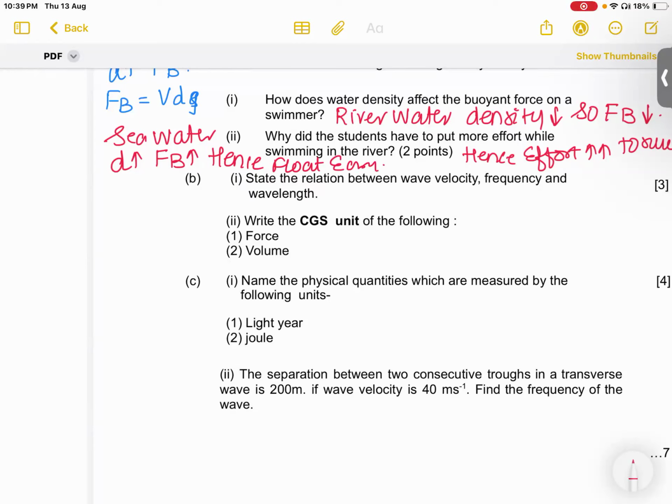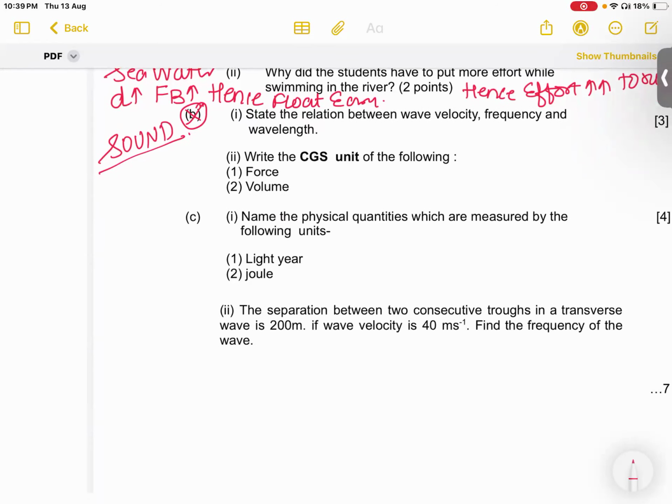Okay, guys, next question. State the relation between wave velocity, frequency and wavelength. This is from sound, we don't have. Write the CGS unit for the following. Force. Force is measured in dyne and volume is measured in centimeter cube. Name the physical quantity which is measured by the following unit.